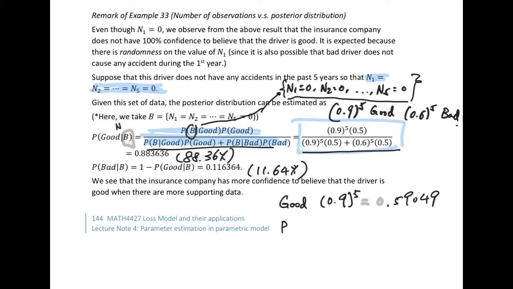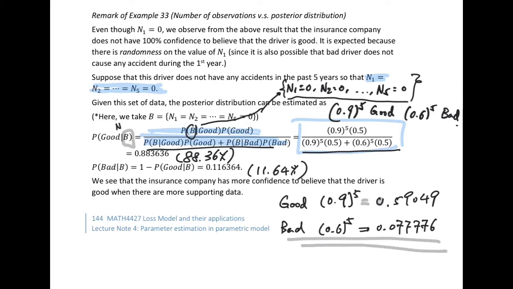But for a bad driver, this probability is actually very, very small, only 7.776%. So you can see the bad driver has a very small likelihood of causing no claims in the past 5 years. That's why, given this observation, it has a larger tendency to believe this is a good driver.